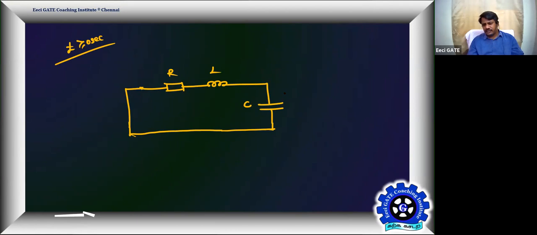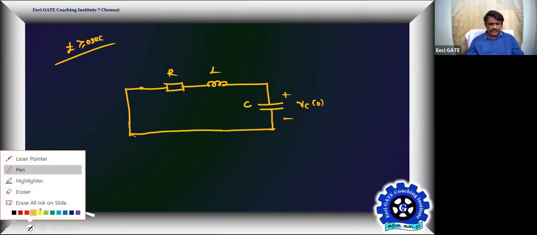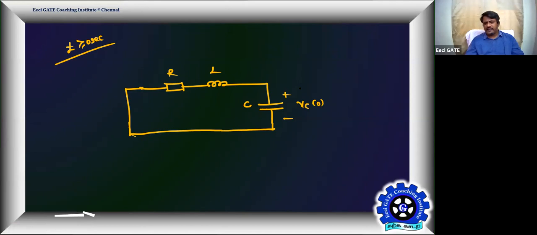Capacitor with a charged voltage. This is Vc of 0. Okay. 0 minus or 0 plus, that is the same, shortly 0. Then we are going to find Vc of t, in the same potential marking plus and minus, even though the current is the discharging current, that is I of t.